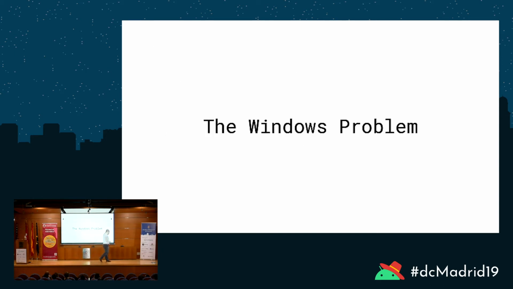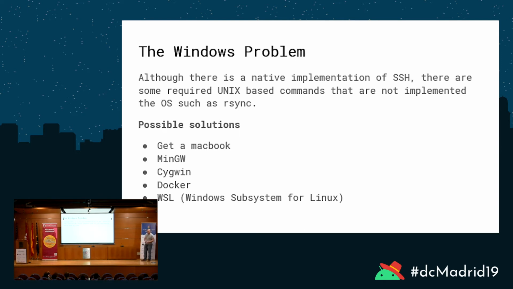If you remember, before I had like an asterisk when I talked about the requirements for making this work with Windows, and yeah, there's a solution. The problem with Windows, well, first let's describe the problem. Nowadays there's an SSH implementation that they added 2 years ago, I don't know. But you don't have rsync, for instance.